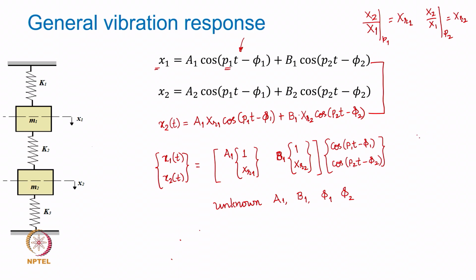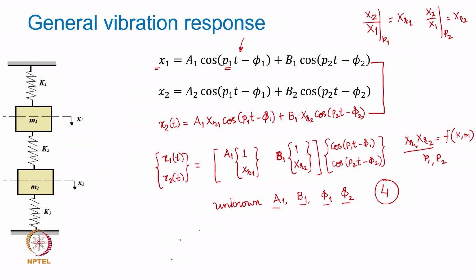In fact, XR1 and XR2 are also functions of the mass and stiffness properties, so they are known through eigenvalue analysis, the same way we find P1 and P2. So, only A1, B1, phi 1 and phi 2 are unknown. Four unknowns, right. How do I find these four unknowns?